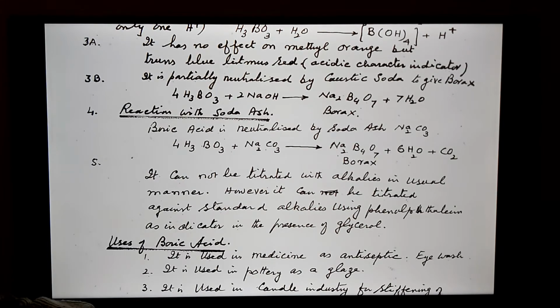Number three, it is used in the candle industry for stiffening of wicks. The wick is the thread which burns in the candle. This acid is used to make it hard so that the flame remains erect.